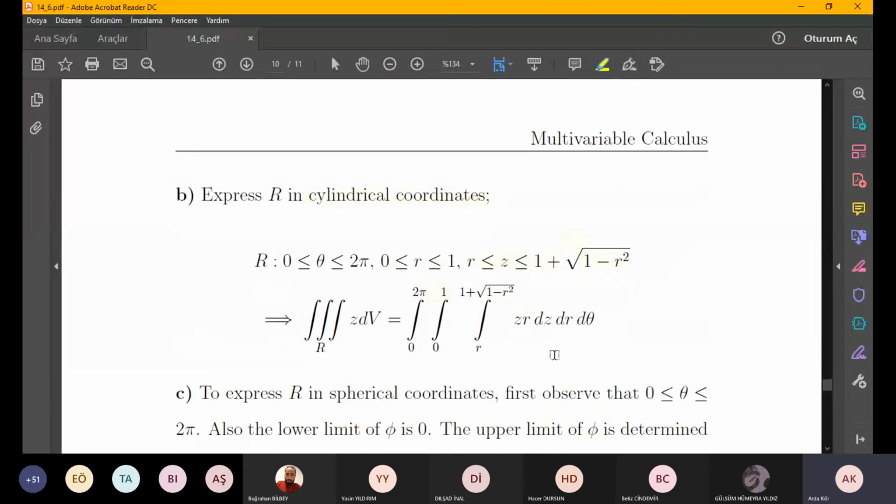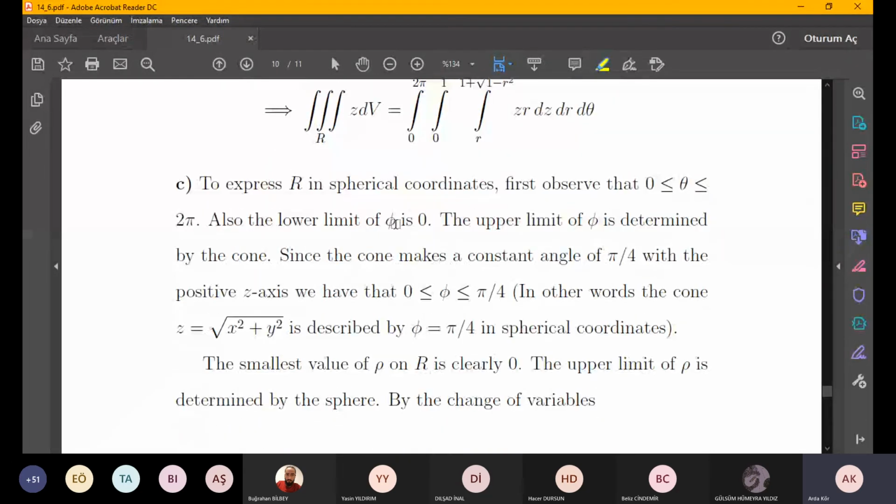Since the cone makes a constant angle of pi over 4 with the positive side of the z-axis, we have as a limit of integration for phi from 0 to pi over 4.